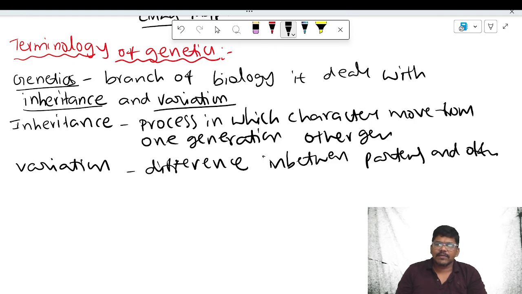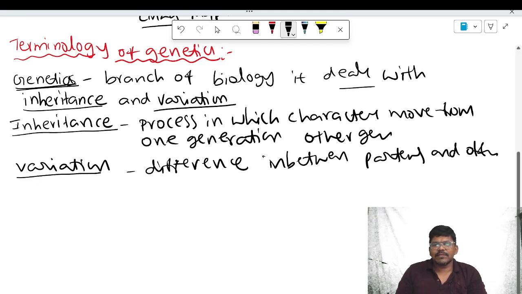Once again, genetics is the branch of biology which deals with the study of inheritance and variation. Inheritance is the process which explains how characters move from one generation to another. Variations means the differences we can see between the parents and offsprings. Offsprings are nothing but children.